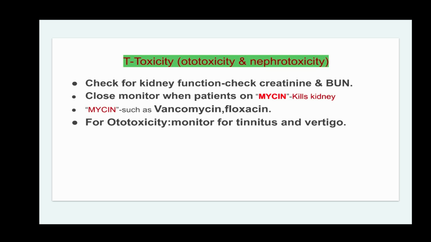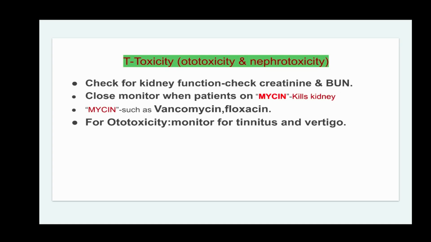Next is T, for toxicity, ototoxicity and nephrotoxicity. So we need to check the renal function, the kidney function, before administering any antibiotic, especially for patients who have a history of renal disease.